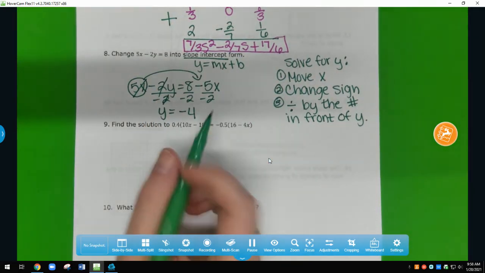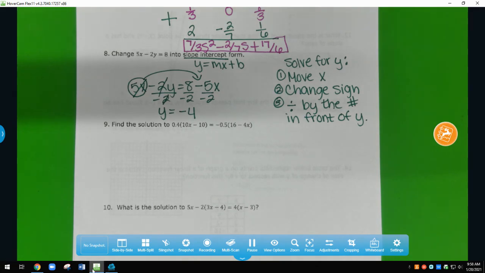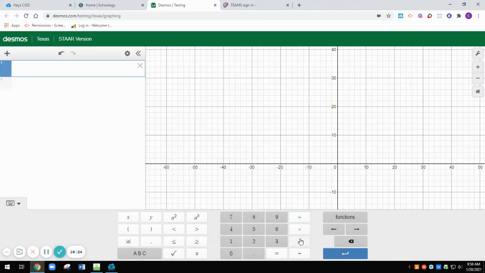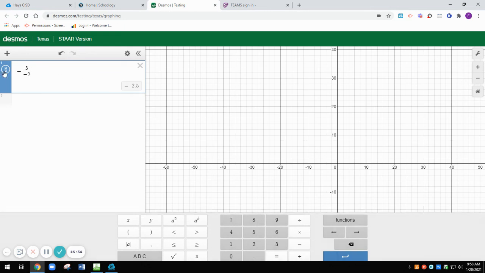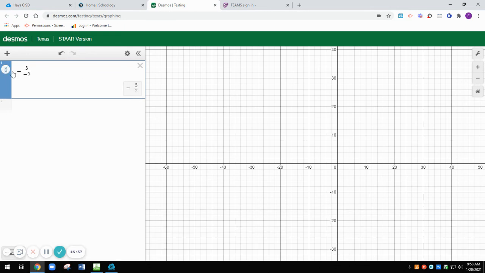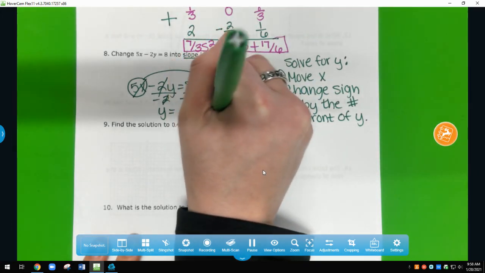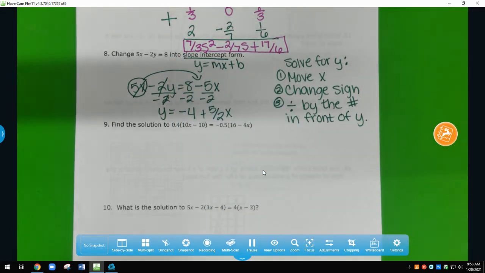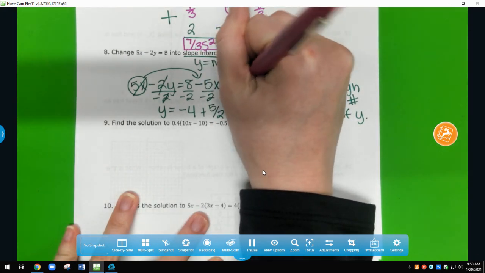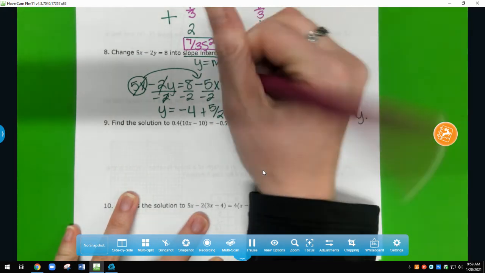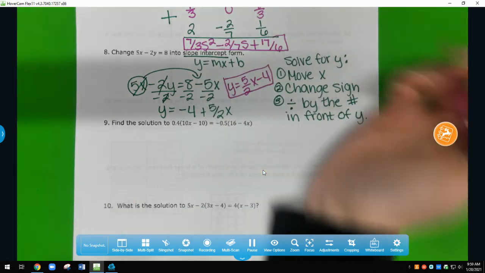And then we're looking at this fraction, so -5 divided by -2. So 2.5, and remember, if your answer choices are in fractions, you can always leave the fraction over here. Most of the time, your slope will be a fraction. So 5/2 x. So if I want to write it in the correct order, y equals 5/2 x minus 4. And that would be my answer.